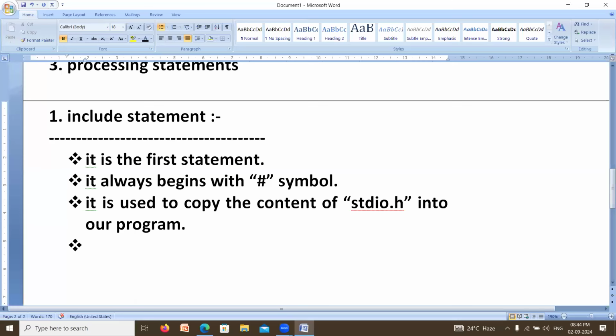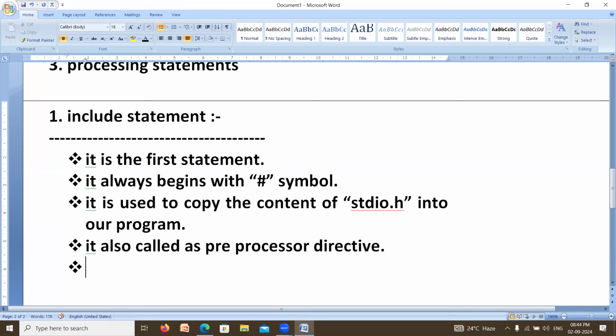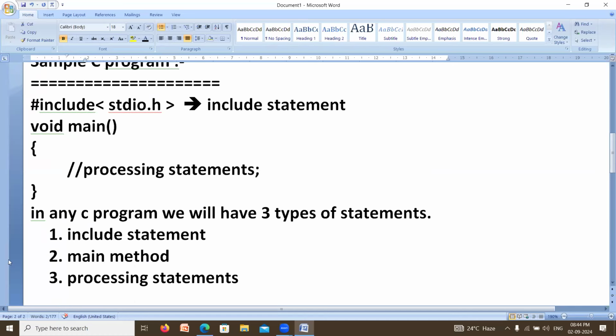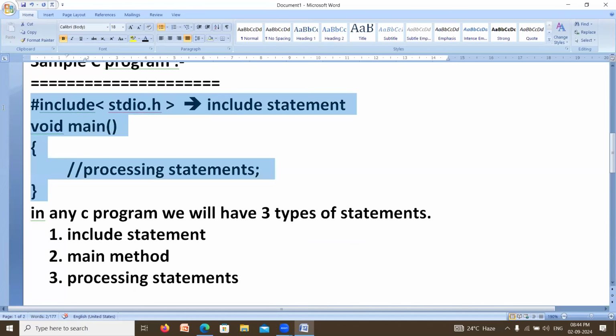It has one more name. It is also called a preprocessor directive. Why is it called preprocessor? My dear friends, you write the program in English, but the computer cannot understand this English.